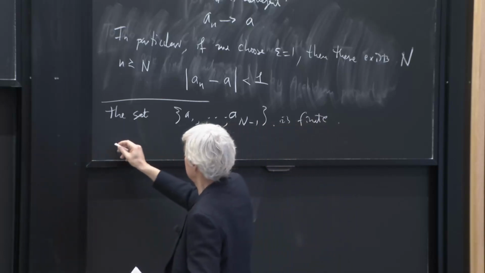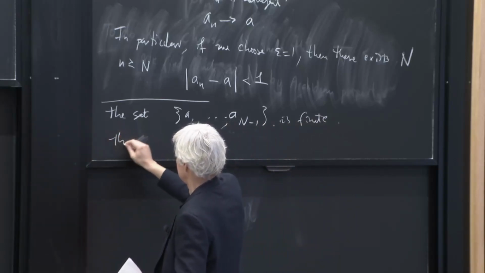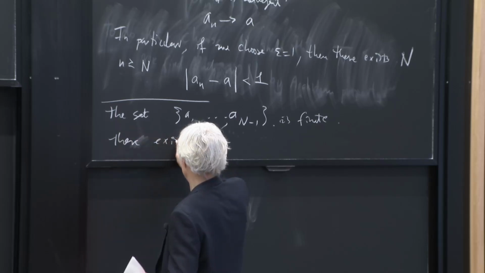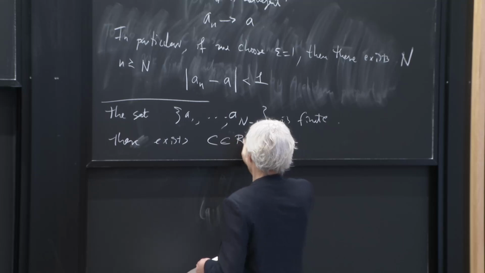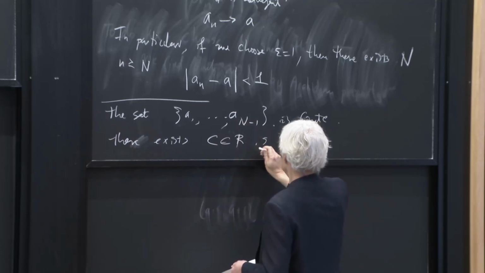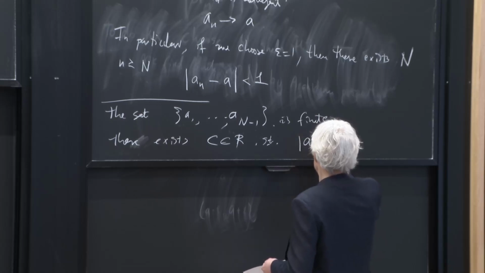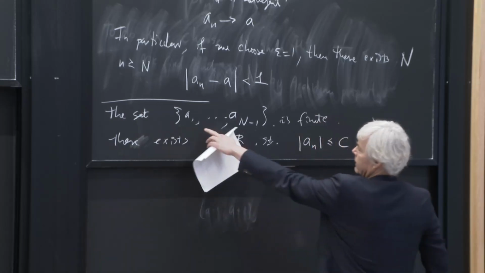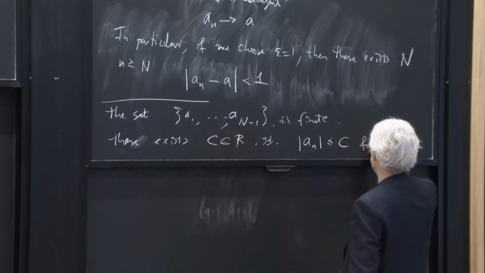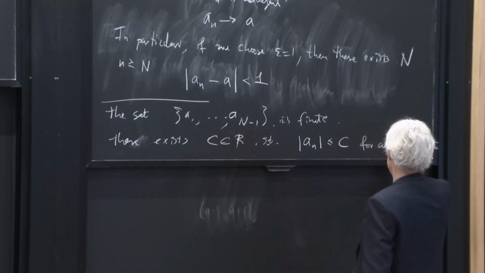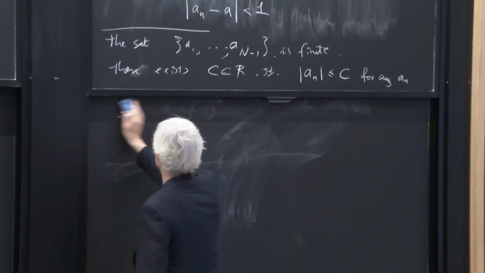So obviously, for any finite set, there exists C, a real number, such that |a_n| is less or equal to C for any a_n in this finite set.